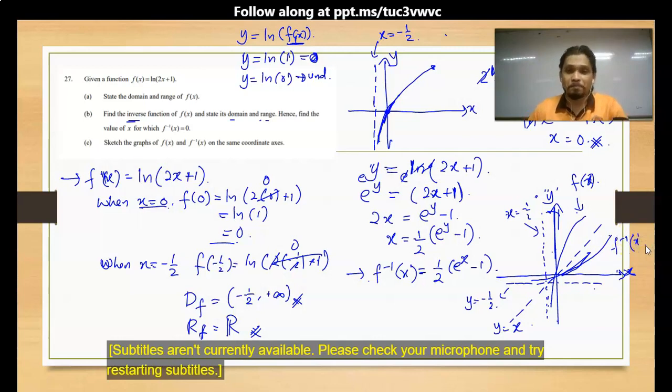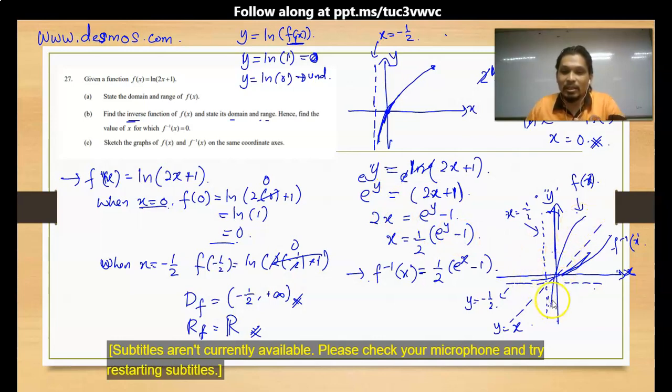Okay class, to make a clear picture of how to sketch the graph in this topic, I strongly suggest all of you use this website, desmos.com, www.desmos.com, where you can simply substitute the equation y equals any f(x) and it straightaway gives you the picture of the graph.